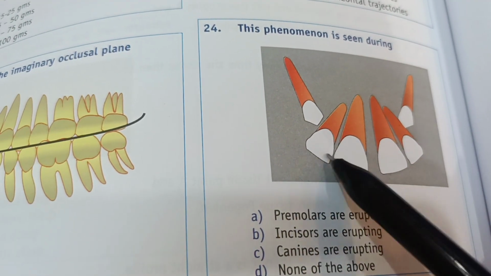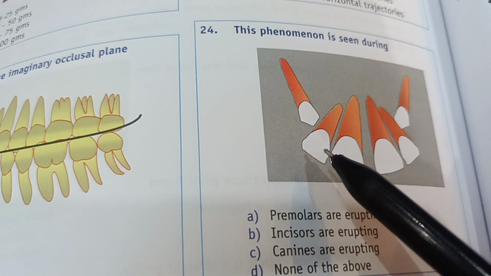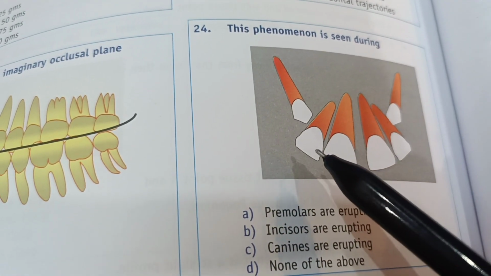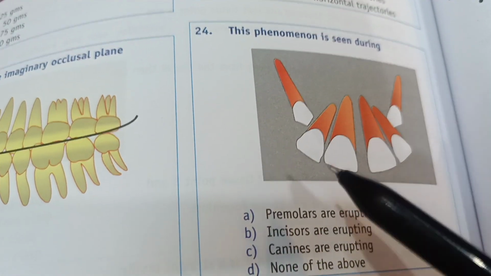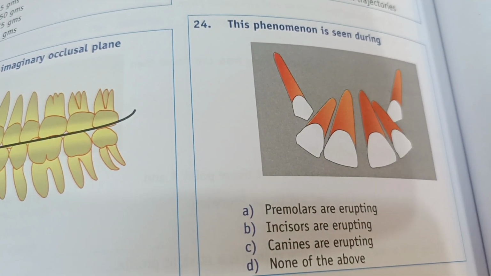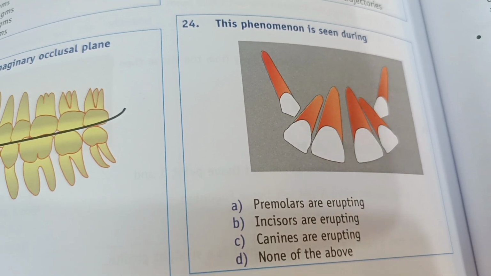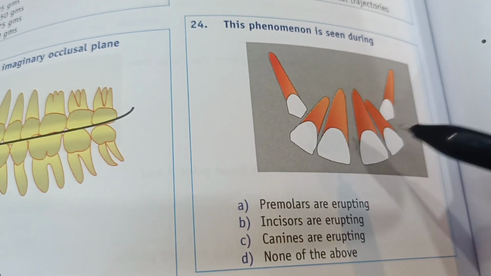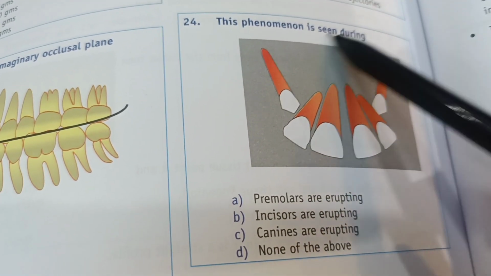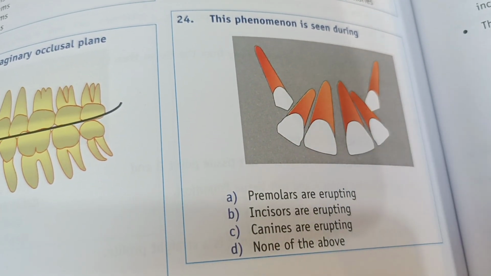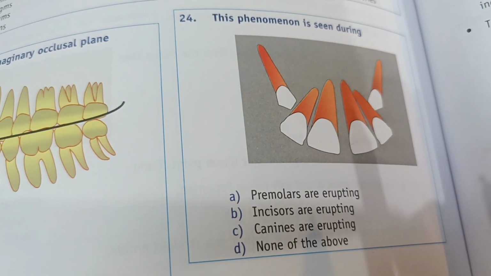Because it's an important question, that's why I'm explaining it to you. It's called a self-correcting malocclusion, also called a transient malocclusion, seen in the maxillary incisors. We can see the ugly duckling stage in a patient aged 8 to 9 years.